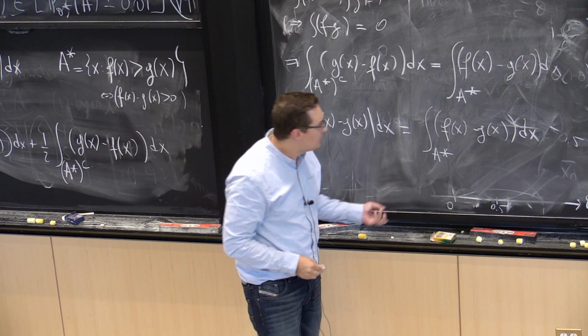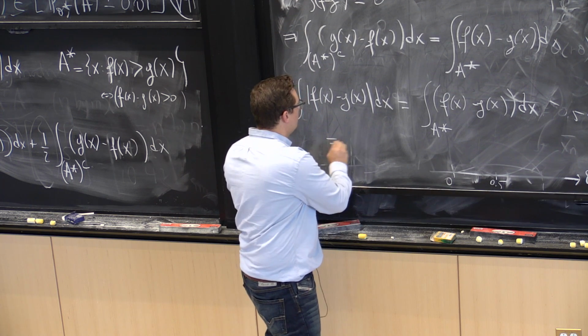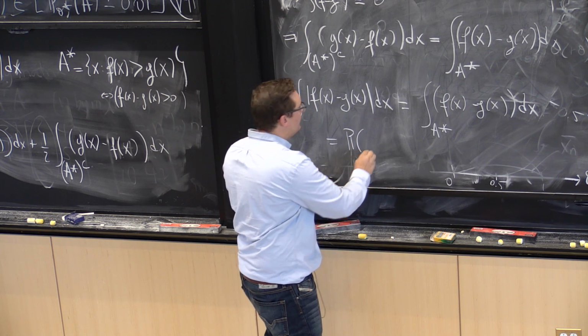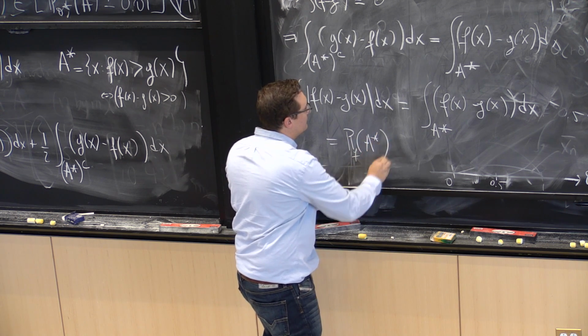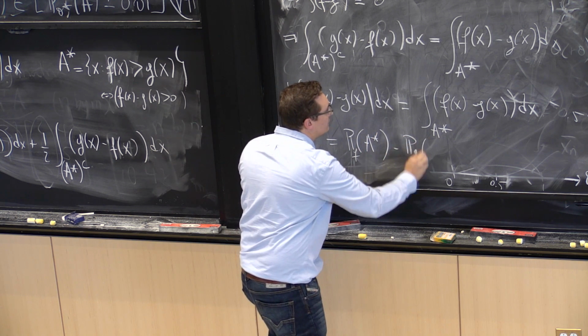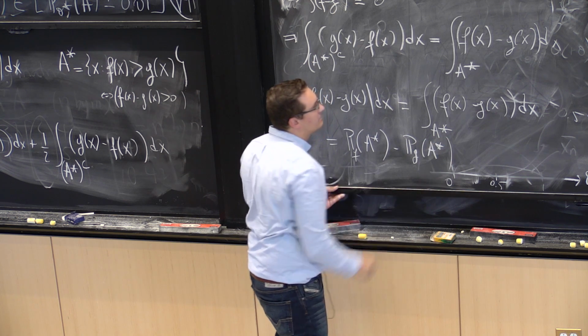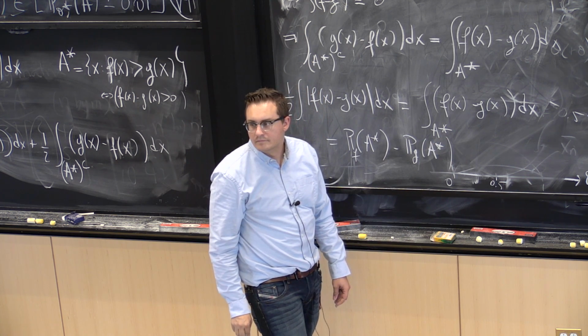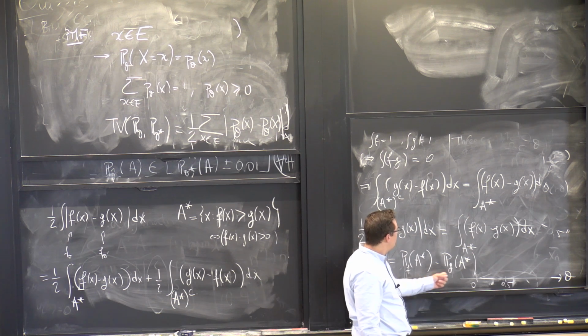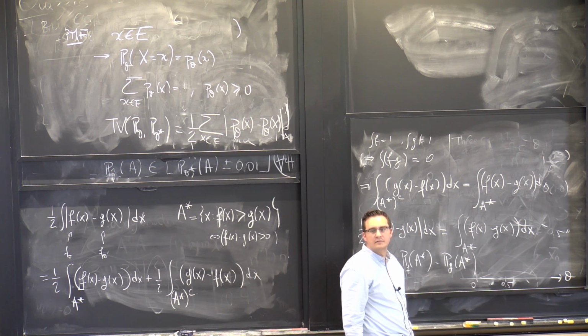And this is simply equal to P f of A star minus P g of A star. Which one is larger than the other one?